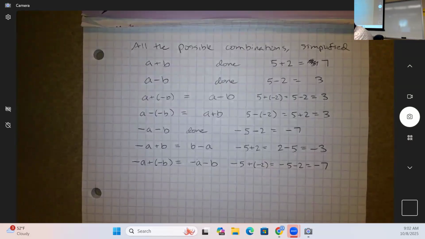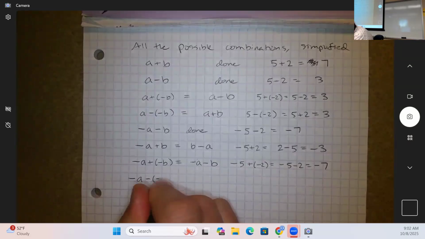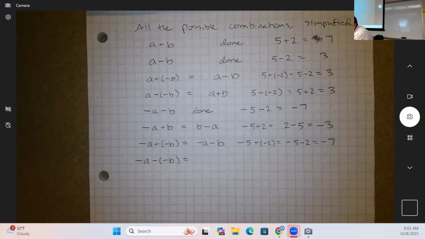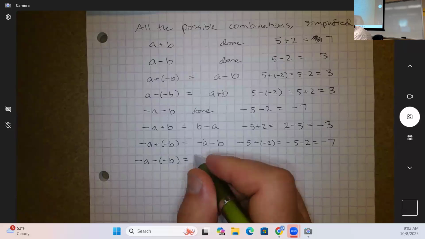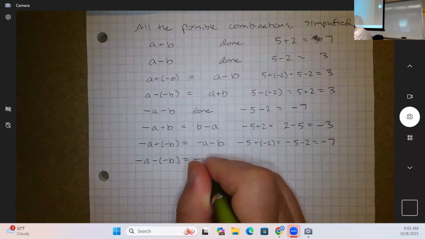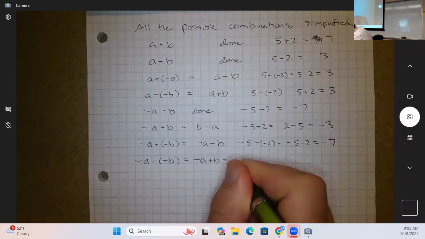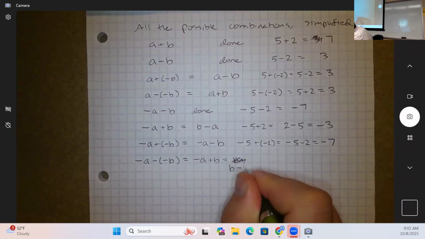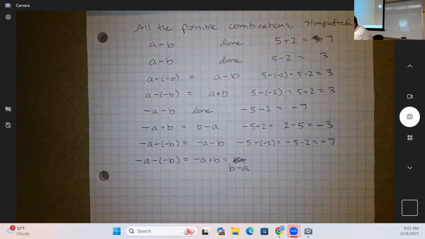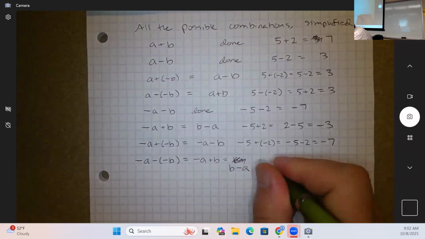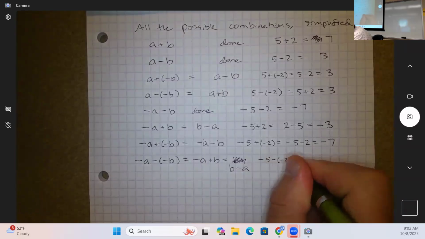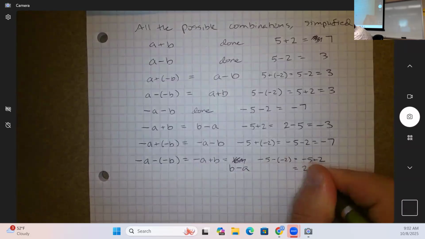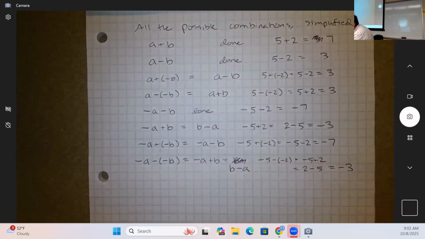And the last one is minus a minus -b, which is like minus a plus b, which I could simplify even one more time to b minus a. -5 minus -2 is -5 plus 2, which is 2 minus 5, which is -3.